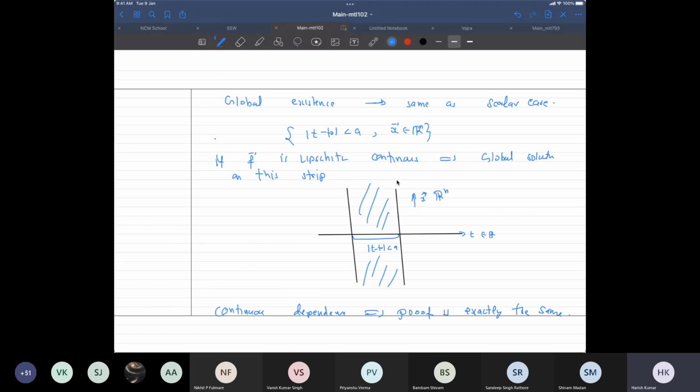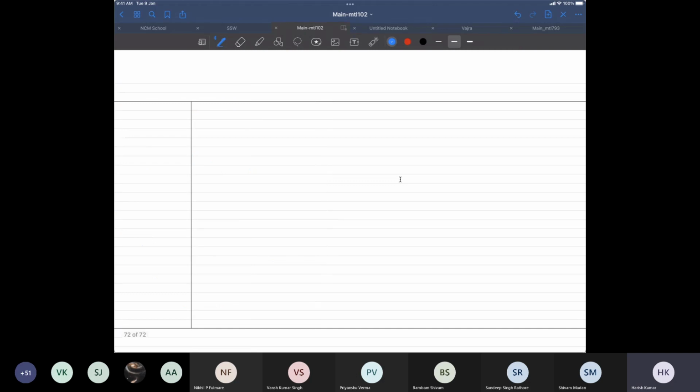Any questions so far? All right. So if there are no questions, we go forward and make it a little bit more useful by looking at the linear systems.